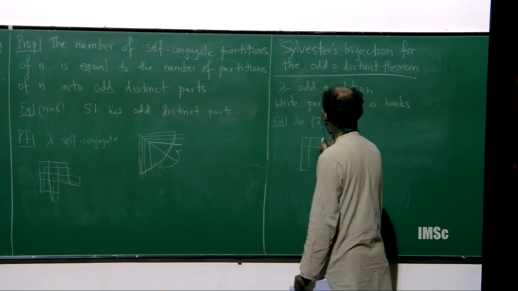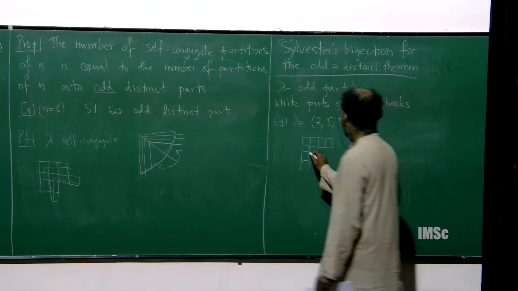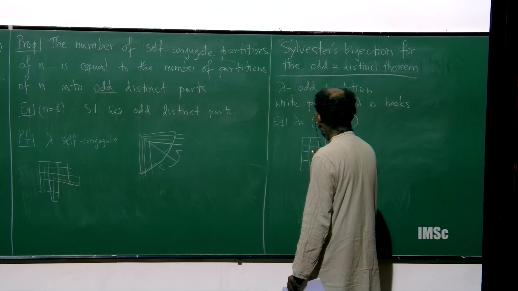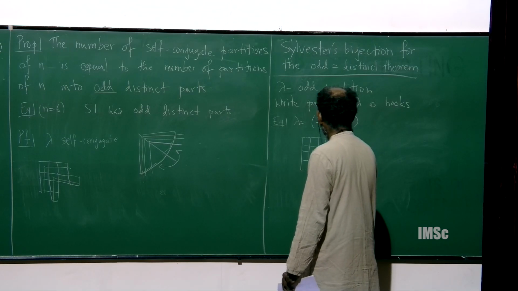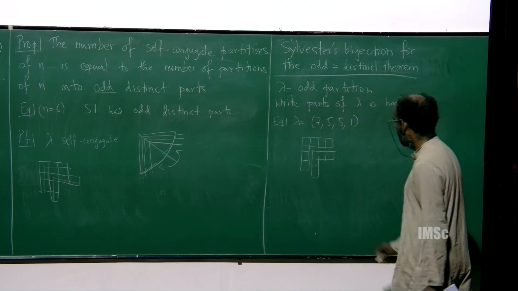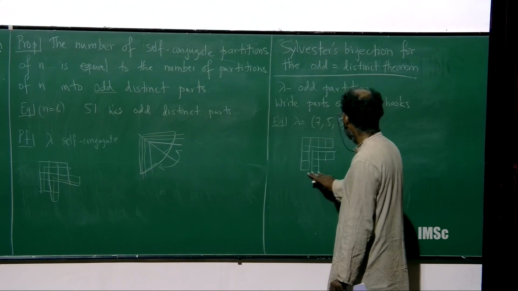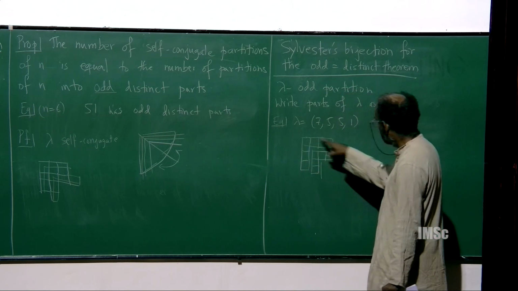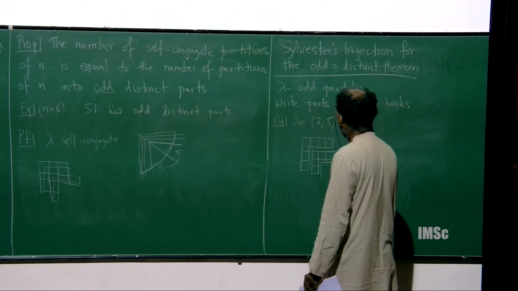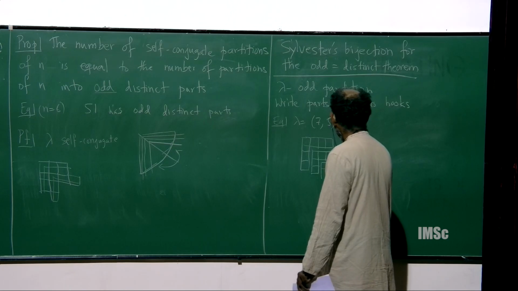It's a bit complicated. So this is 7. Then you write 5. I'll write it slightly off so that you can see what's going on. So this is 5. Then I have another 5. I've drawn this too big. For now this would be a valid partition, but now it's going to not be okay.